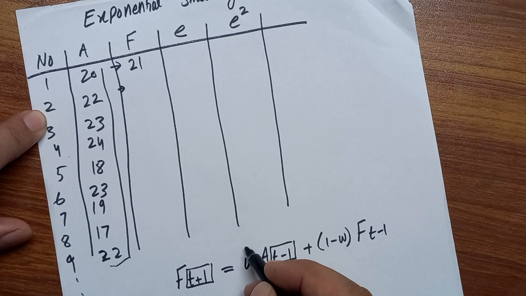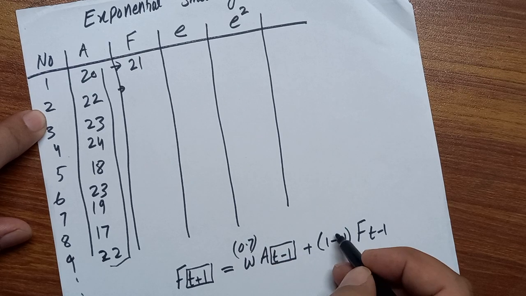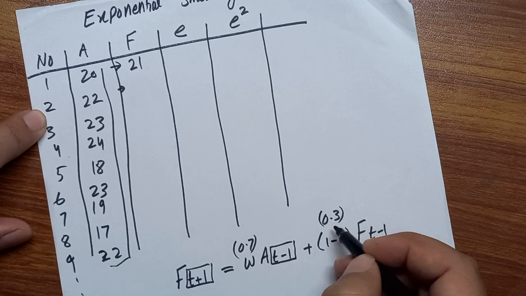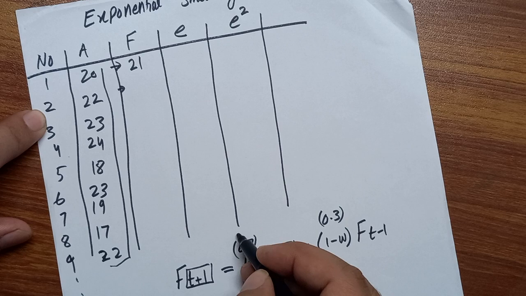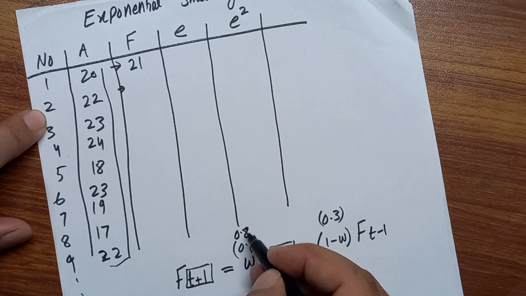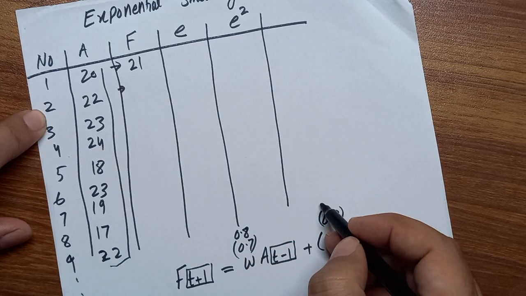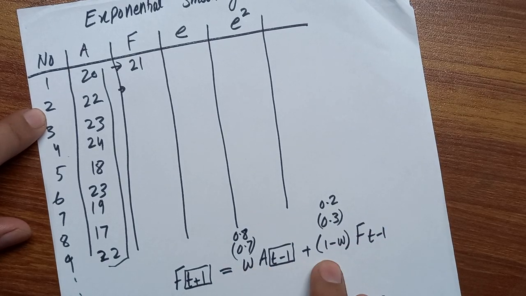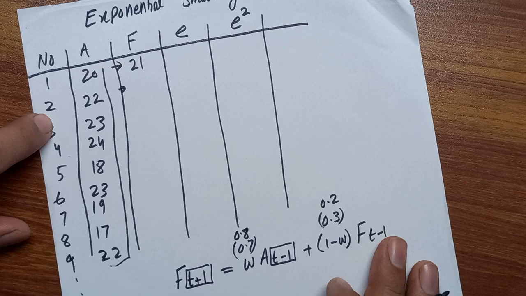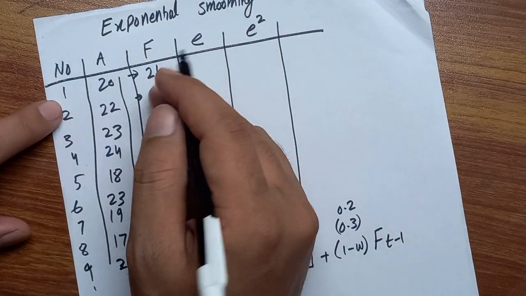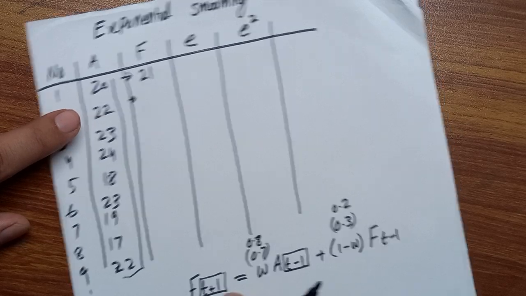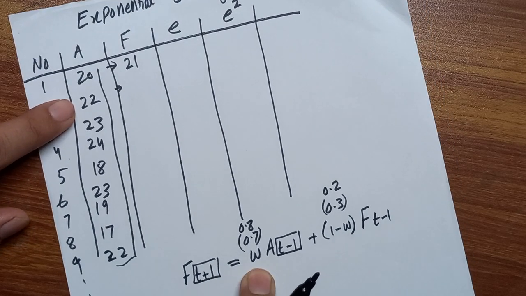Let's say the weight is 0.7, so here the weight will be 0.3. If we have weight 0.8, here we will have 0.2, so the weight will be changing, varying. So let's say the forecasting of this year is this. For the next year we will use this formula.